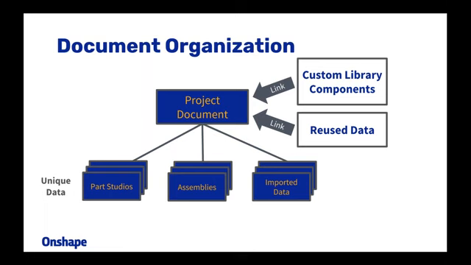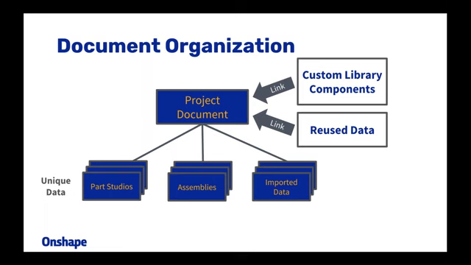And they're separated for a purpose. These are things that are used in multiple documents, multiple projects within my company, let's say. And we have what we call custom library components, and we have reused data. Custom library components are things that we work with that typically don't change, right? If you think of, maybe I do a lot of electronic design, and I work with power supplies and boards and things like that. And those parts are pretty stagnant.